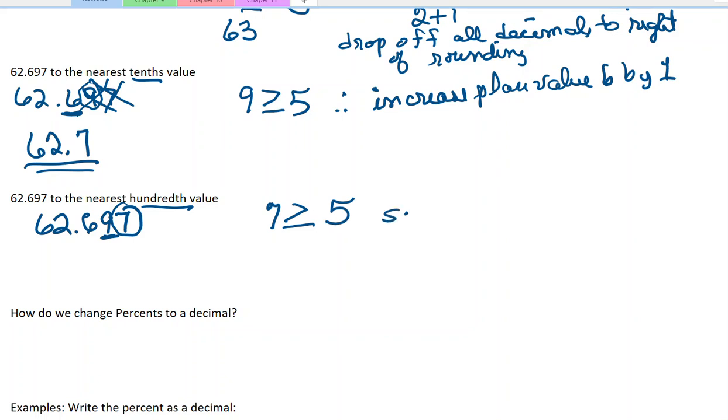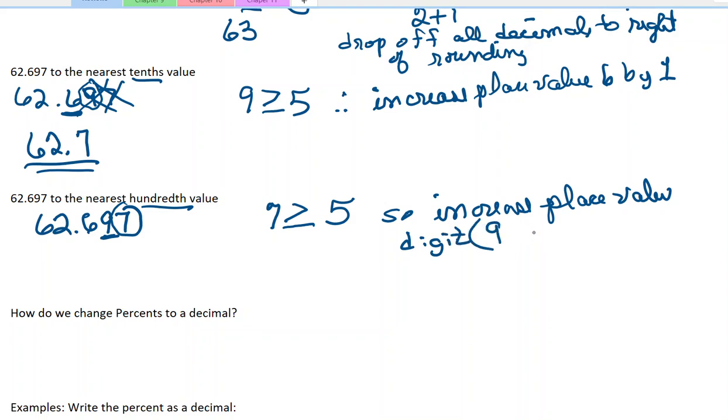So we increase the place value digit, and it was a 9, by 1. Oh, now what happens? Okay, so if I have 9 and I add 1, I get 10.